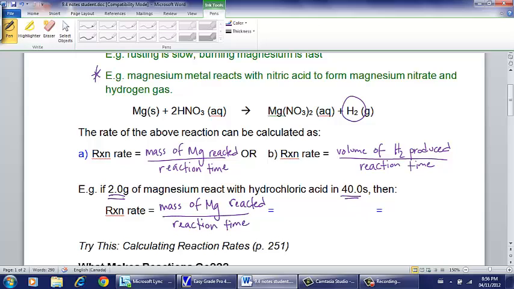The mass of magnesium that was used is 2.0 grams. The reaction time, 40 seconds. So 2.0 grams divided by 40 seconds equals 0.050 grams of magnesium per second.